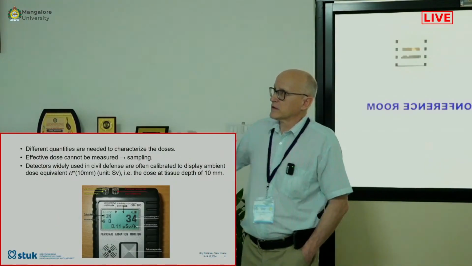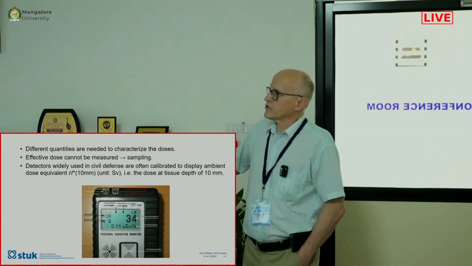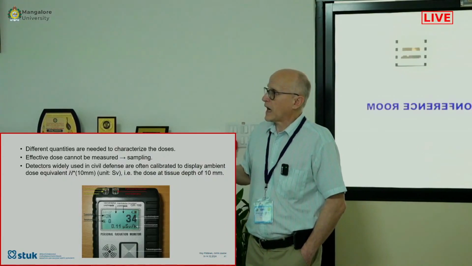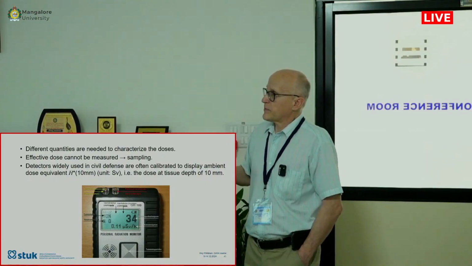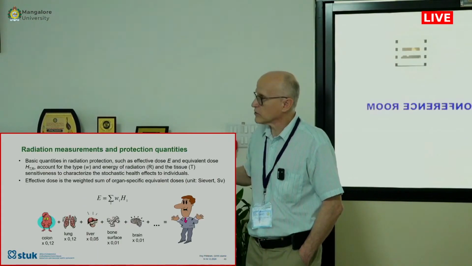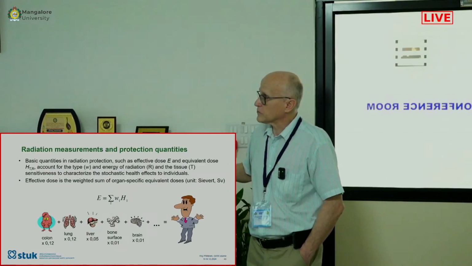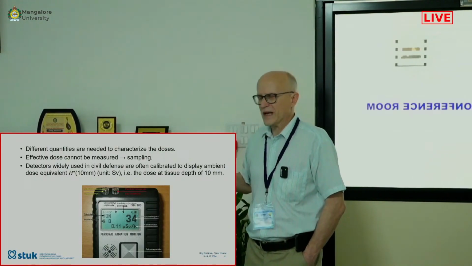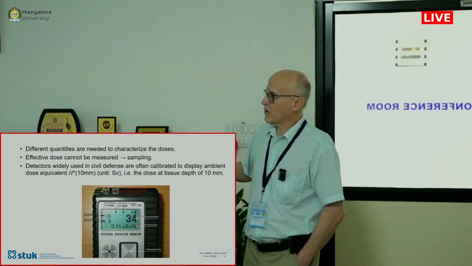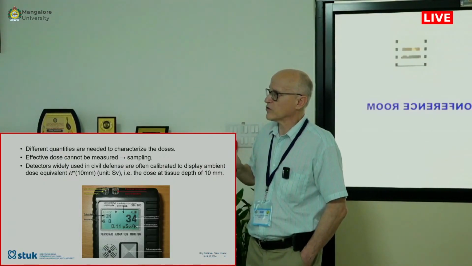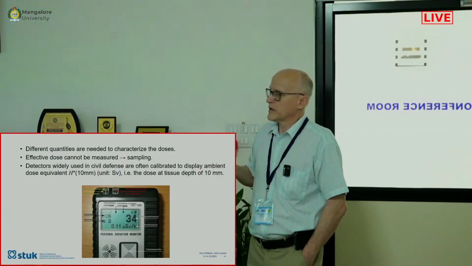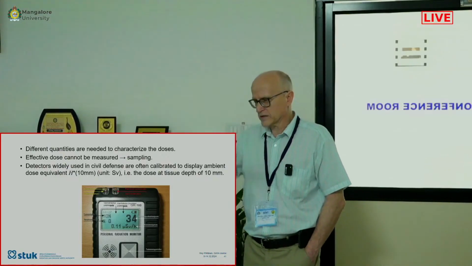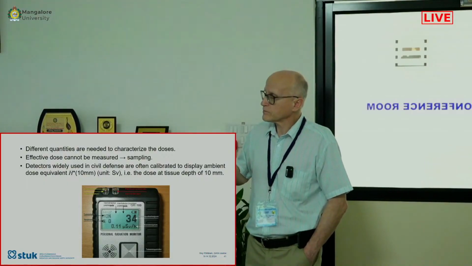All right, and different quantities are needed to characterize the doses. There are several other types of doses, and especially this effective dose cannot be directly measured. However, we can have an impression of the dose by using, for example, a Geiger counter, which is basically not calibrated to the effective dose.